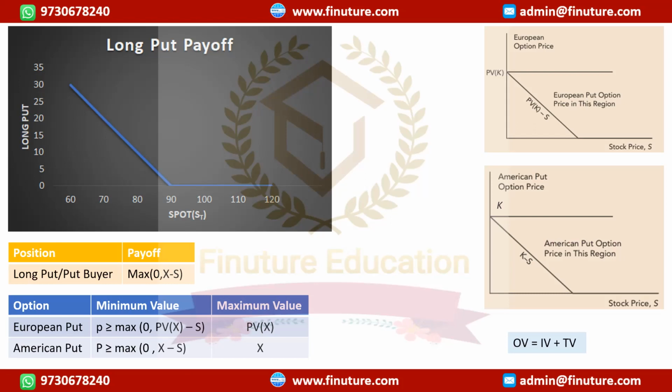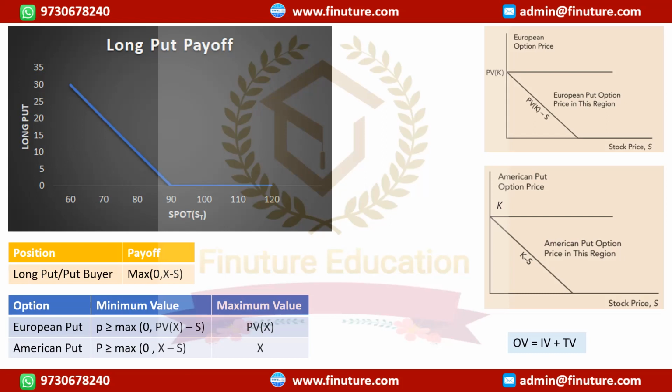The minimum value one would ask of the buyer would be a time-adjusted value. That's why it has to be PV of X, because for a European put you get that amount only at maturity, not today. So it's PV of X less spot.